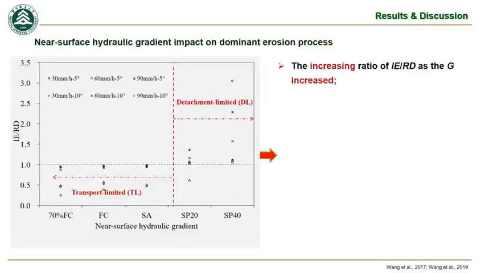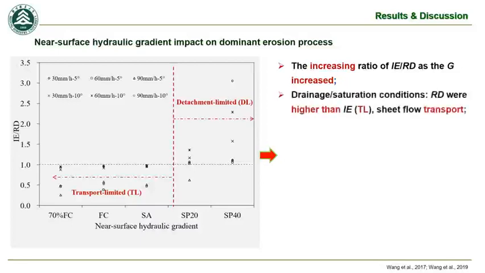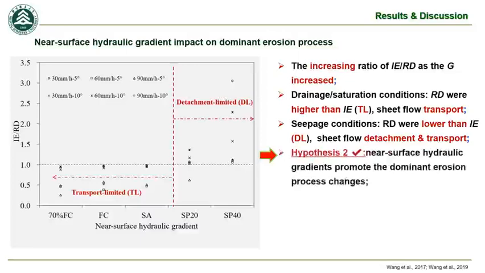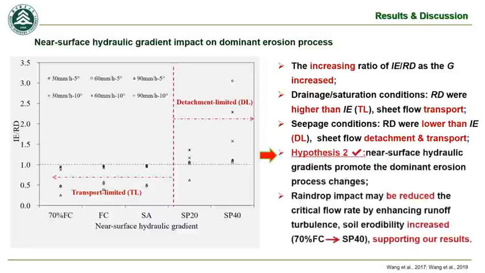The average raindrop-induced detachment rate was higher than interior erosion rates for the drainage conditions, indicating that the dominant interior erosion process was mainly transport limited.